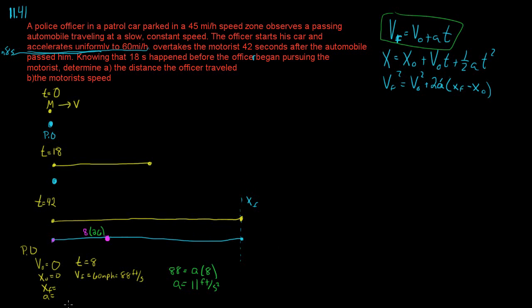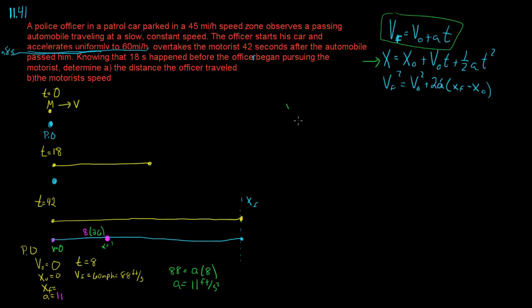Now, since we have this acceleration, we can look at the next equation we need to figure out, well, what is this? If this is x equal to 0, x is equal to what? How far has the police officer moved? We'll go through what we know, and the only equation that works is the second one.